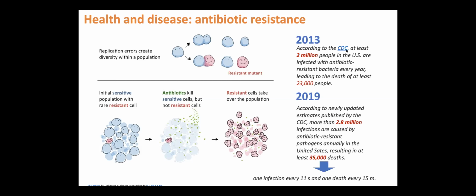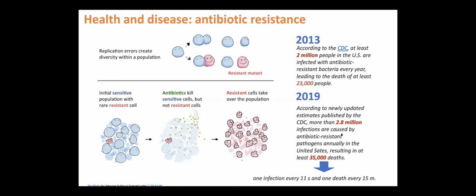According to the CDC, which is the Center for Disease Control, almost 2 million people were infected and approximately 20,000 people died from the disease in 2013. However, this number has astonishingly increased by over 40 or 50% in 2019.